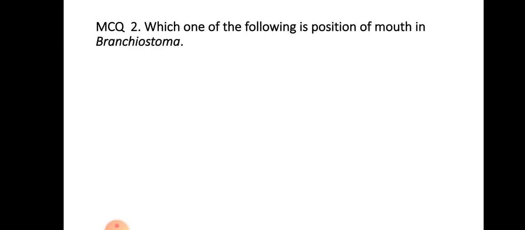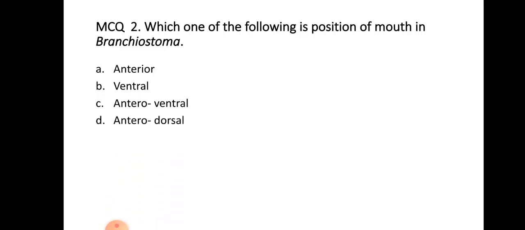Now the second question: which one of the following is the position of the mouth in Branchiostoma? Is it anterior, ventral, anteroventral, or anterodorsal? We have stressed this point during the explanation.